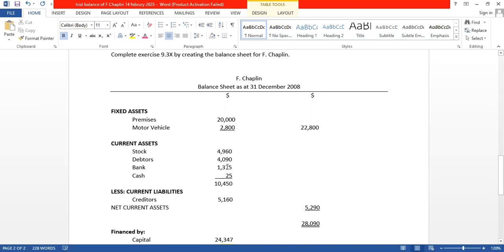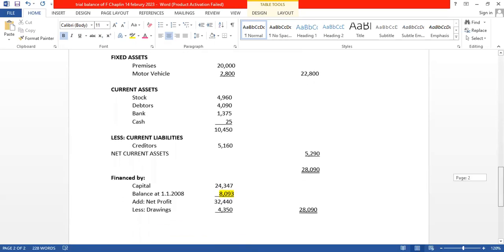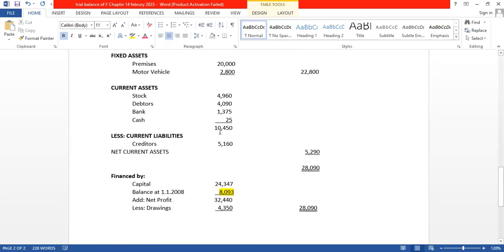When you put into your calculator these four figures, you should receive $10,450, except we're not going to put this figure under the second $ sign column as we did with the fixed assets because we're not finished with it. So let me scroll down. So we put the answer, the total here, under the same column.